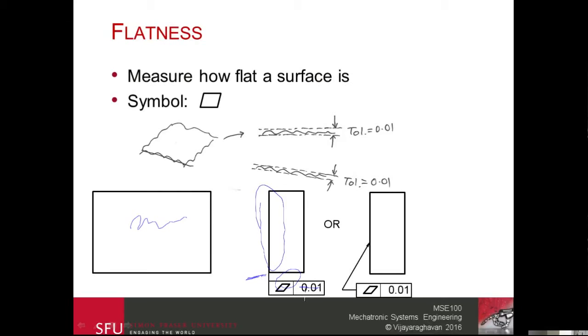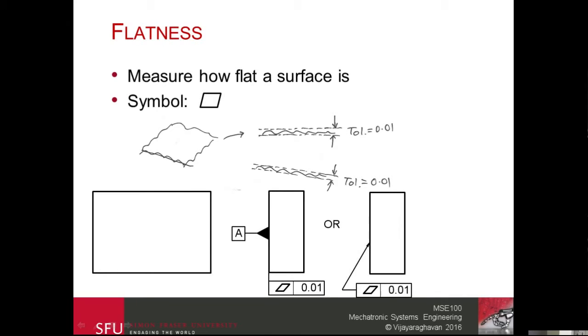There are multiple ways I can do it. I can extend it like shown here, or I can have an arrow and point it down as well. These are two different ways in which you can show the flatness in that particular drawing.